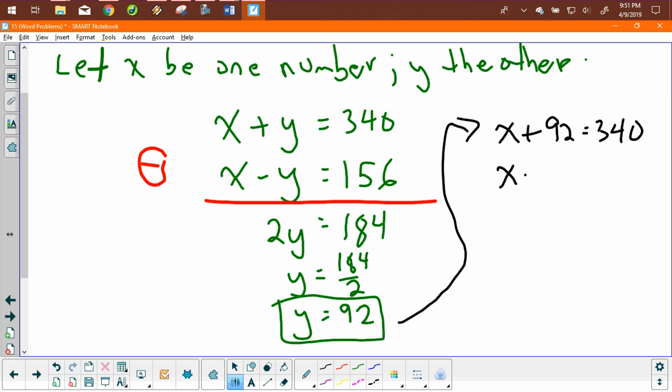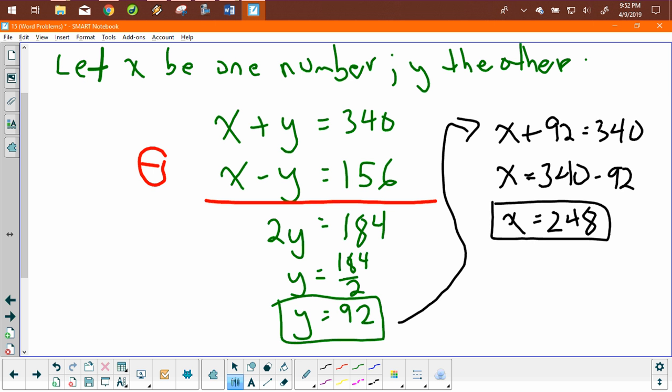So bring the 92 over: 340 minus 92. x equals 248. So y is 92, x is 248.